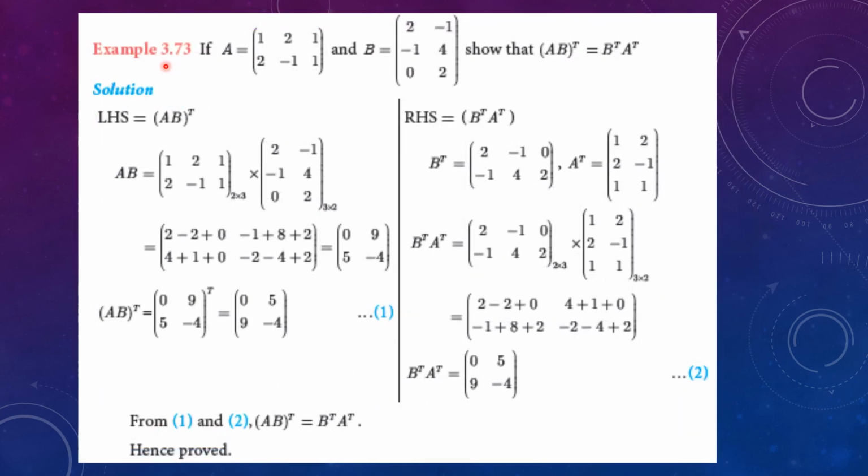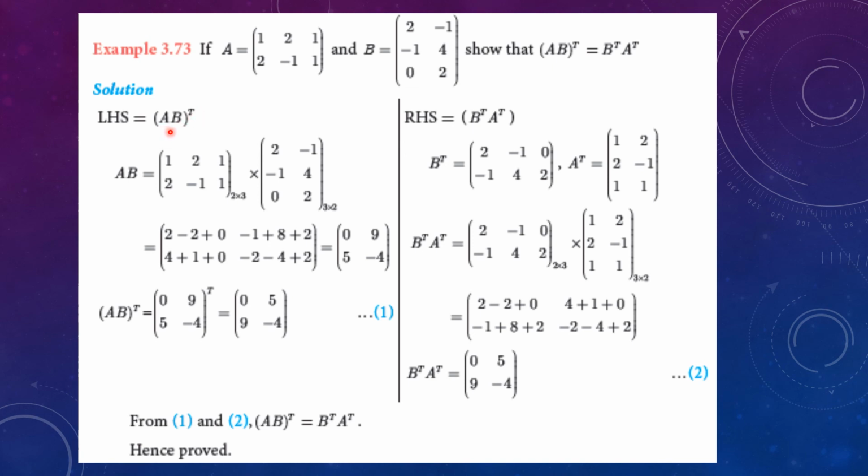Next we are going to see example 73 in chapter 3. Given A matrix and B matrix, show that (AB) whole transpose equals B transpose A transpose. Yes, let us see the solution. Here the left hand side is (AB) whole transpose.